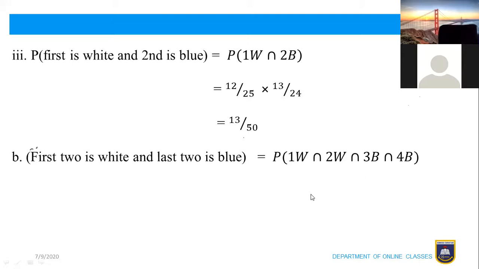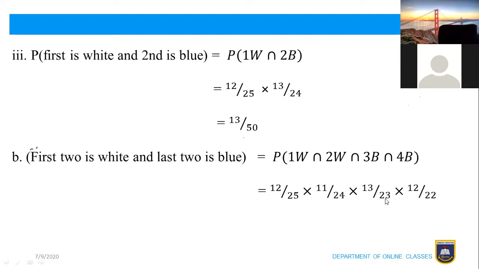With this, we have 12 on 25, which is the first being white, times 11 on 24, the second being white. Now the number of white balls will be 11 and the total number of balls will be 24. Times the third being blue: 13 over 23, because we now have 23 balls left.